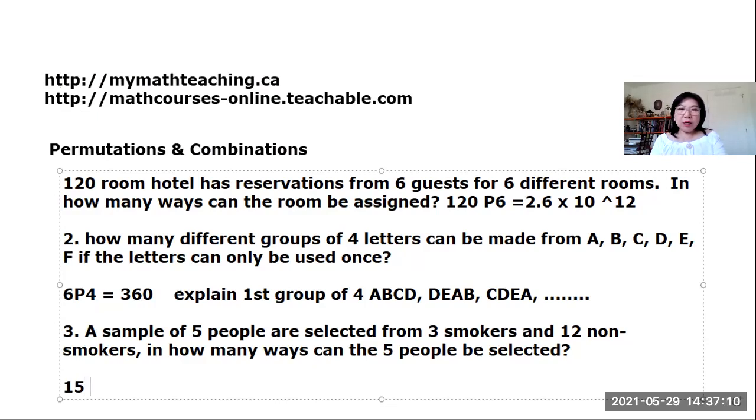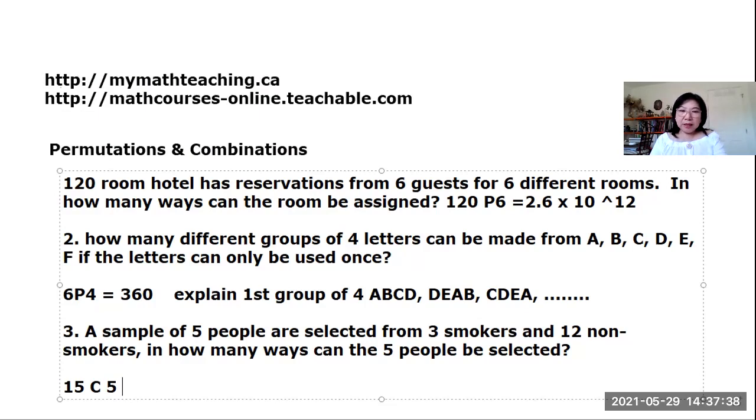Now, we have to make a choice. Do we use permutation to choose 5, or do we use combination to choose 5? And of course, the formula to calculate combination is different from the formula to find permutation. We're going to use a calculator in this case as well.